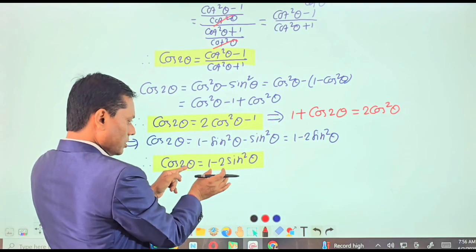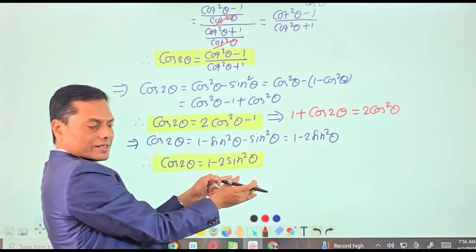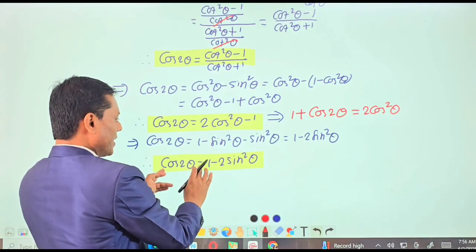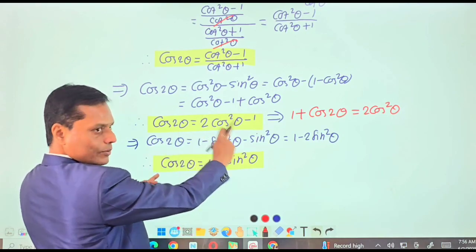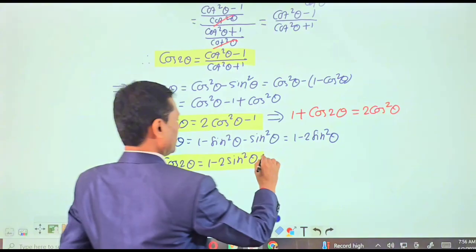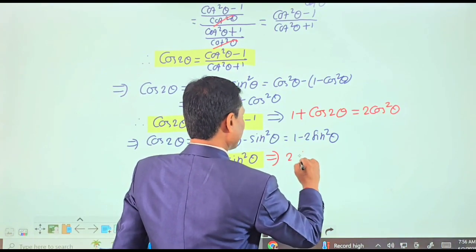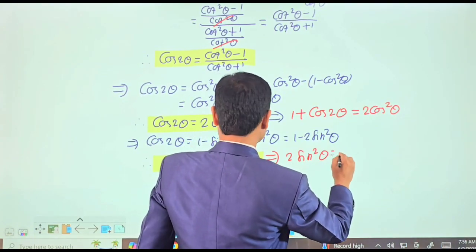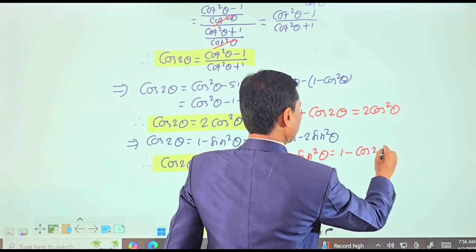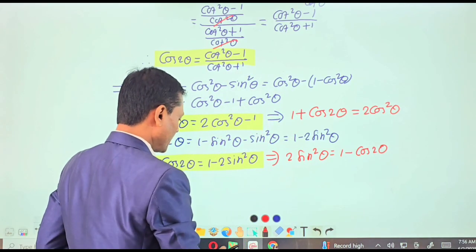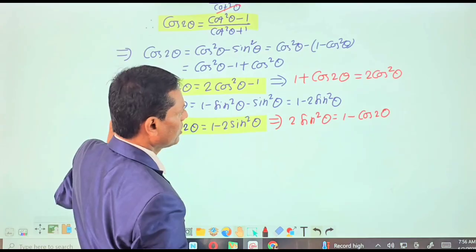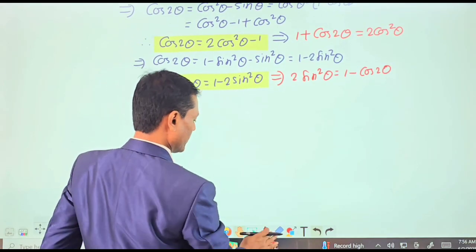Likewise here, when I shift minus 2 sin square theta to the left hand side, then we'll have 1 minus cos 2 theta. So that gives us 2 sin square theta equals 1 minus cos 2 theta, right? So these two formulae are very important, not to forget that, okay? 2 cos square theta and 2 sin square theta, isn't it?